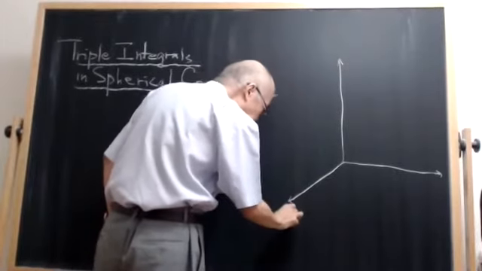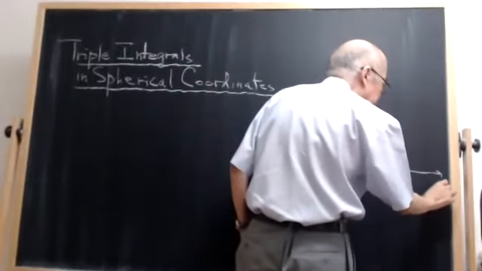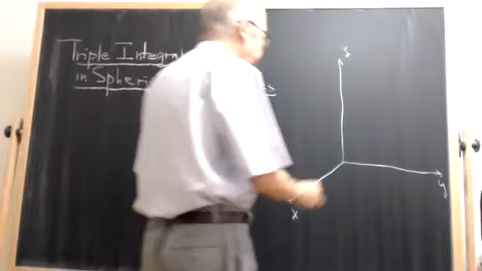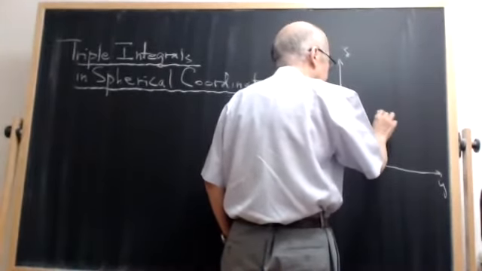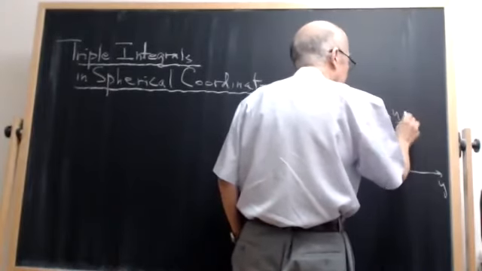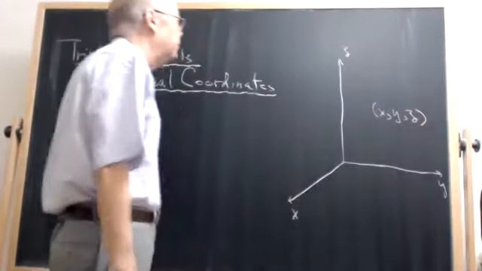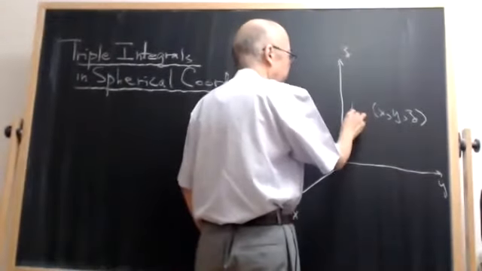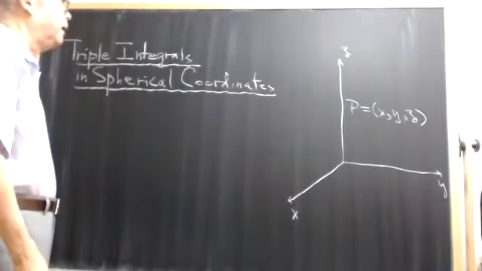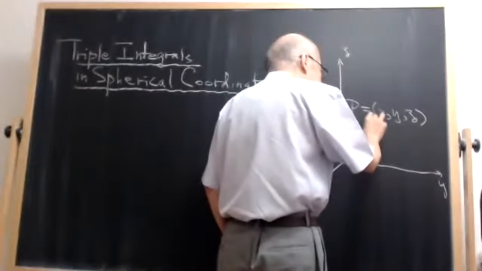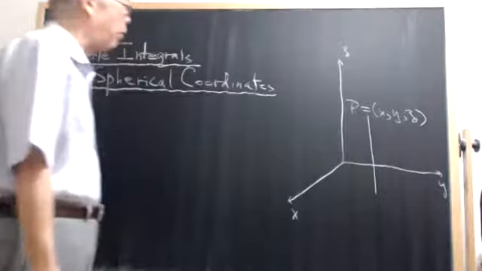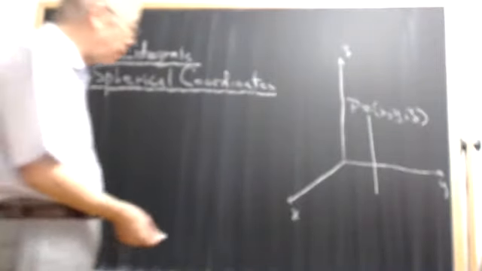So we have this X, Y, Z space. And let's suppose that we have a point, which we call P. Now from the point P, I draw a perpendicular to the XY plane.